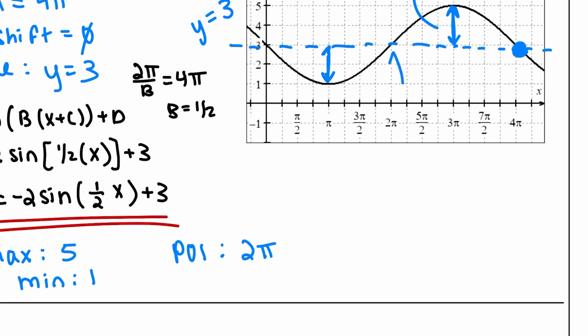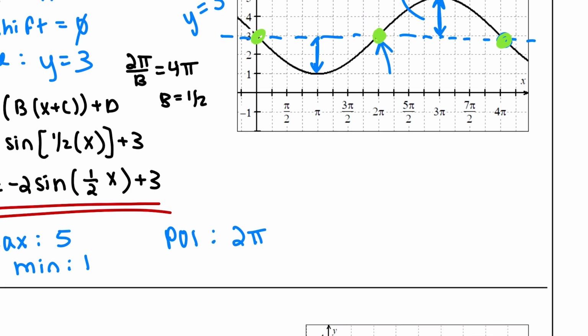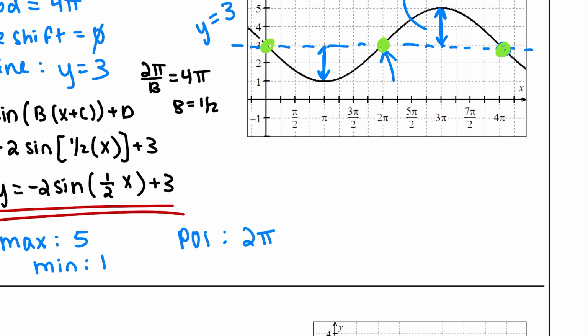But yeah, points of inflection, let me color that green, right? We have a point of inflection there, we have a point of inflection there. Technically, we have one all the way at 0. So it's just every 2 pi intervals is when it swaps. So 2 pi plus or minus 2 pi times k, with k being all real numbers, right? Like every cycle.